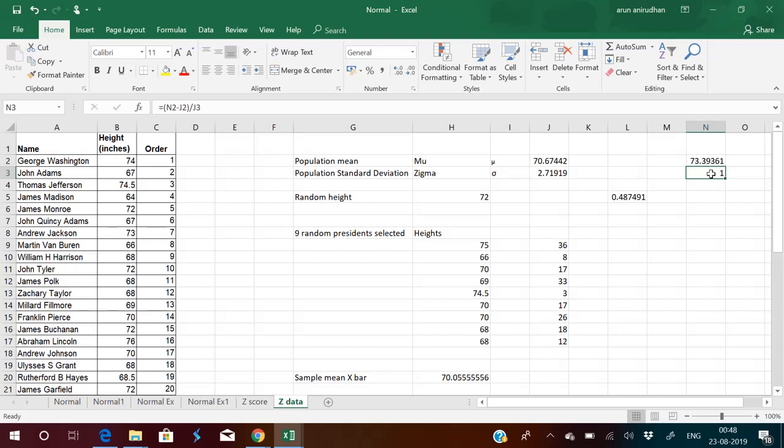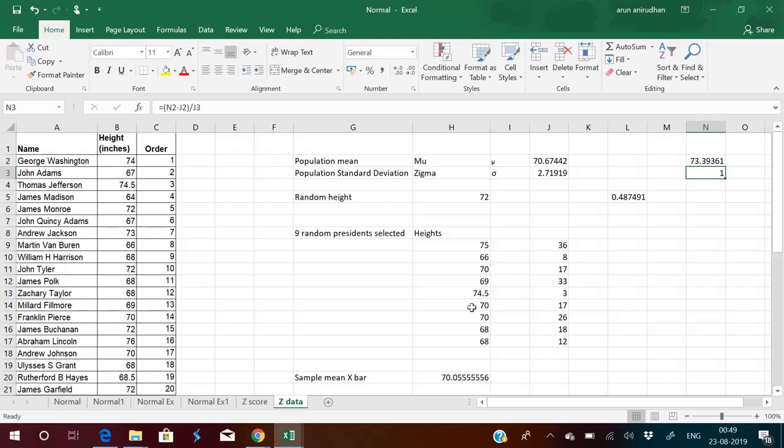Okay, suppose I had told about the hypothesis. So you took some 9 random presidents were selected and their heights are given. So then what formula will you use? You know just 9.